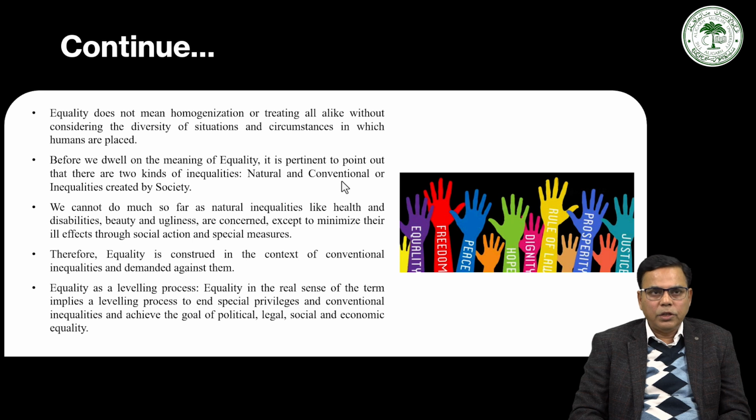So why has this 15% reservation been given to the scheduled castes, or 7.5% to the scheduled tribes, or 27% in jobs and all to the OBC population?